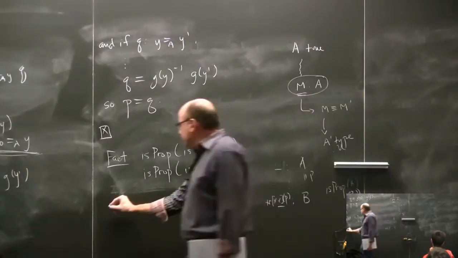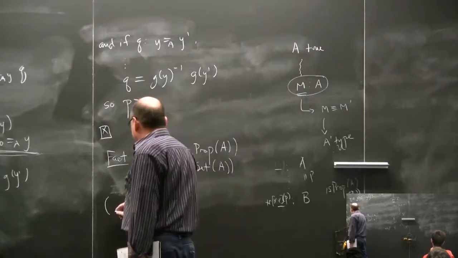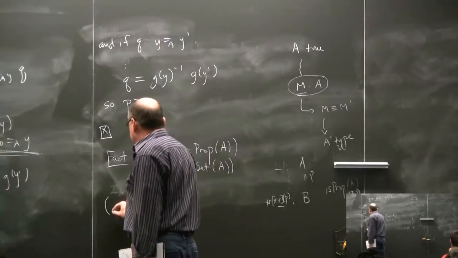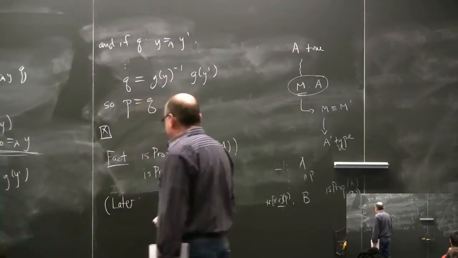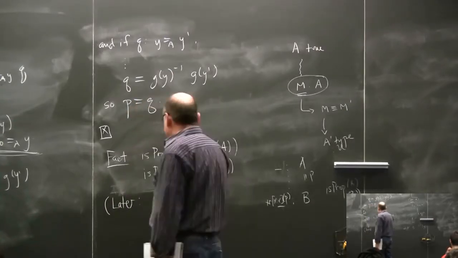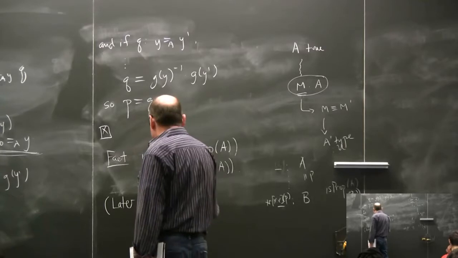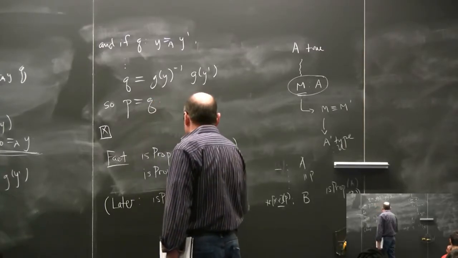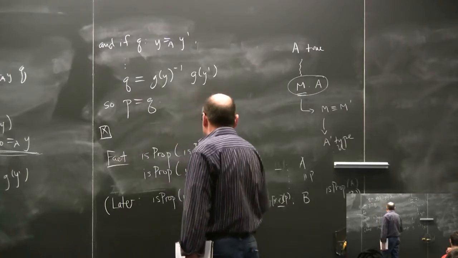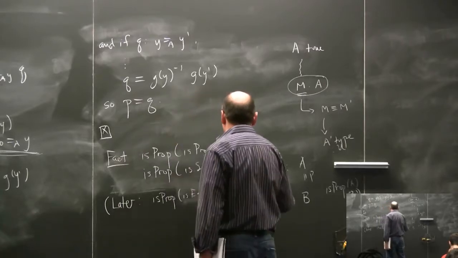And then there's a whole chapter in the book pretty much devoted to this, and I decided I'm not going to dwell on it. So later, if you look in the book, I think it might be chapter 4 or something, but I don't remember, okay? There's a whole business in here about when an equivalence between two types is a prop.